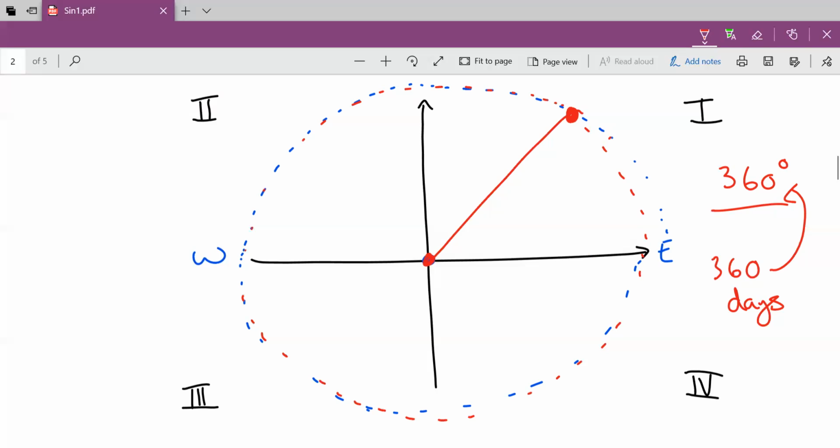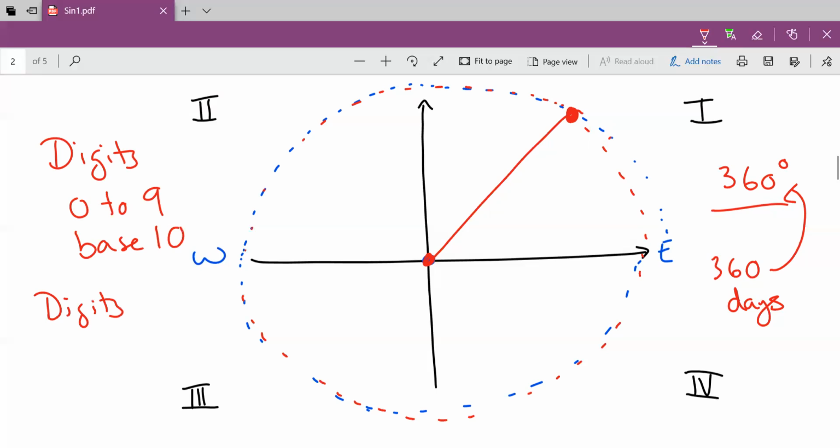Now, the Babylonians used a different number system than we do. We use digits 0 to 9 to make up every number that we can. We're base 10. The Babylonians used digits 0 to 59.